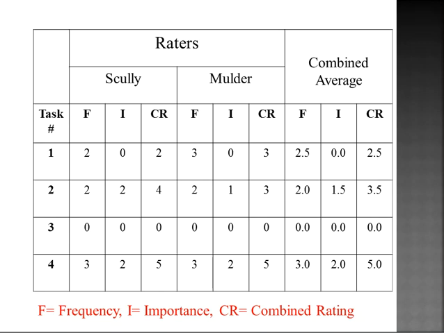Using these criteria, tasks 1, 2, and 4 in this table would be included in the job description, and tasks 2 and 4 would be included in the final task inventory used in the next step of job analysis.